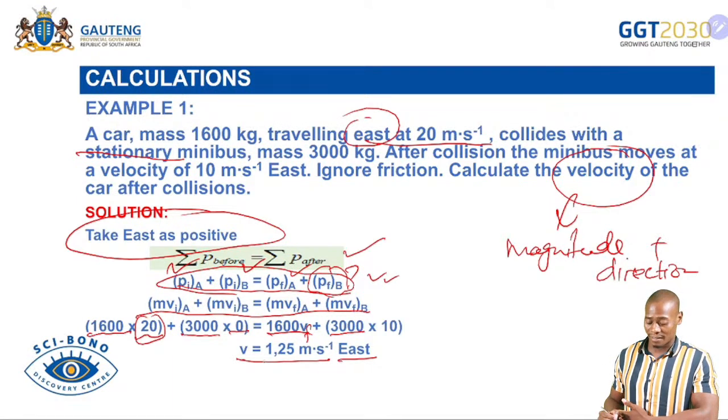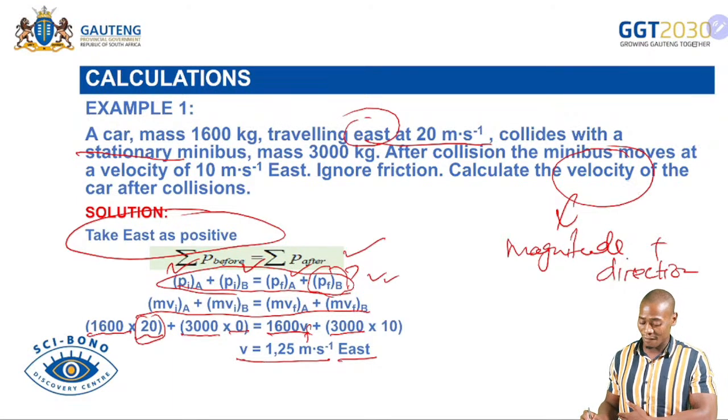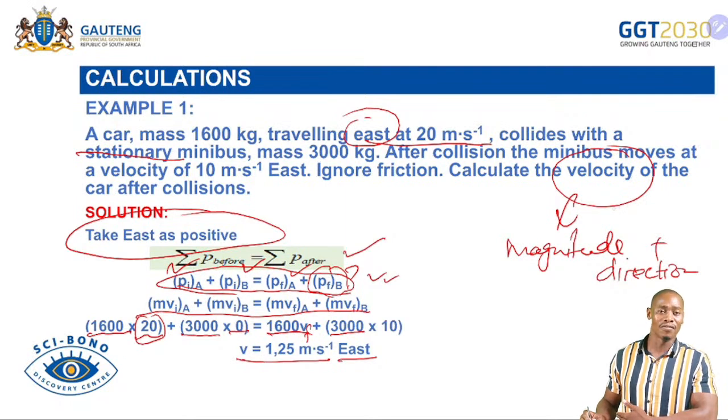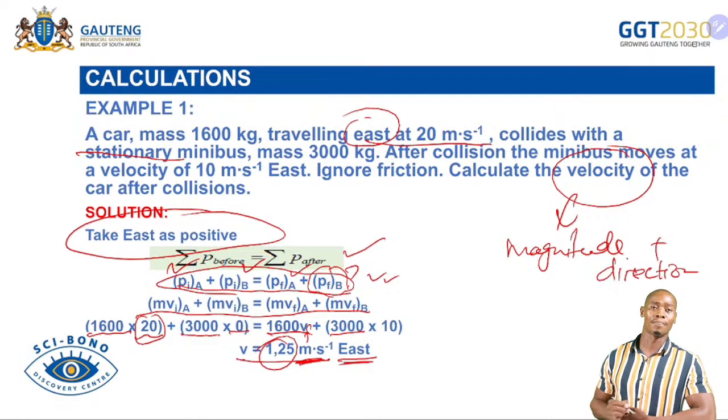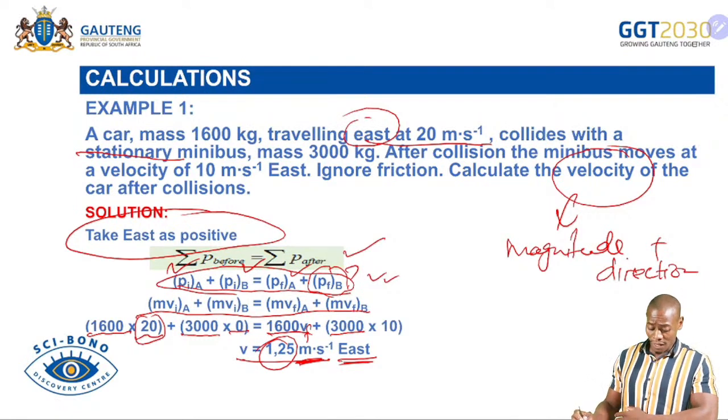But in this case, the question says calculate the velocity, and we know that velocity is a vector. So in your answer, we are expecting the value, the SI unit, and the direction. So that is example 1.